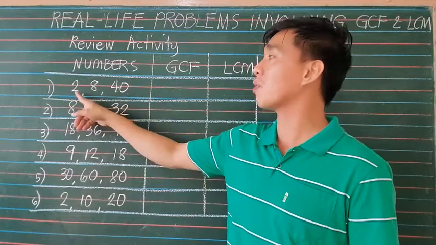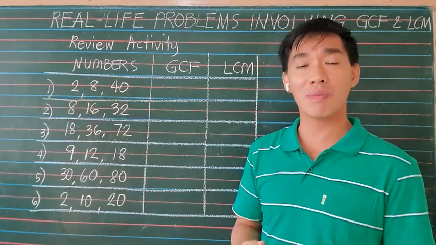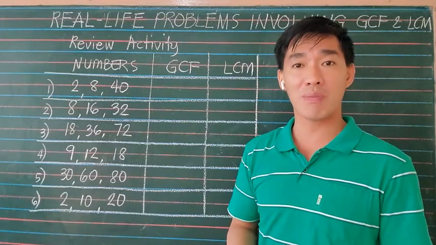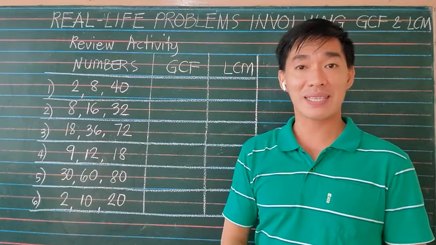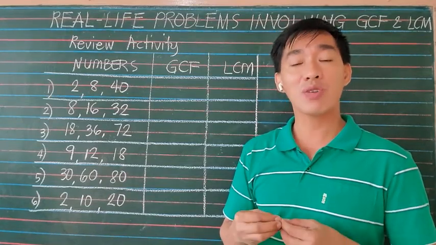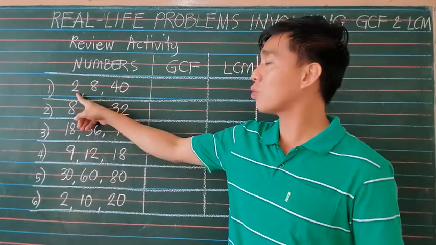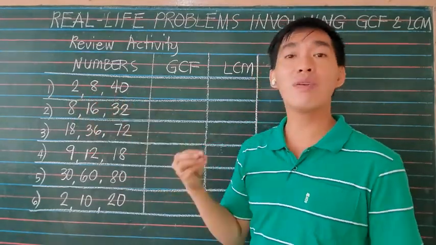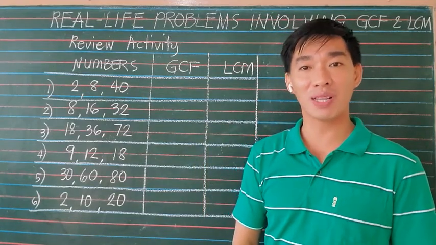If you skip count by 2, skip count by 8, and skip count by 40, what is the first or smallest number where these numbers meet? Which multiple is that? That's what we mean by least common multiple.